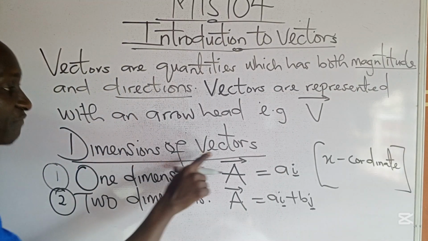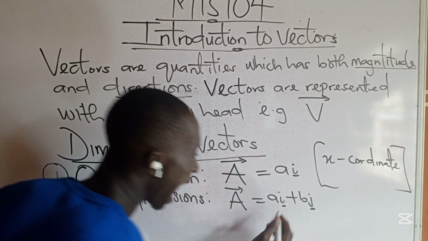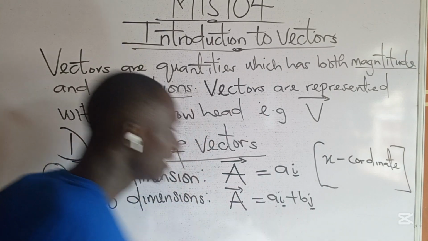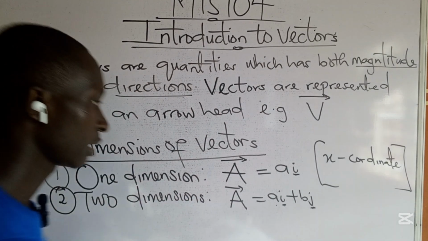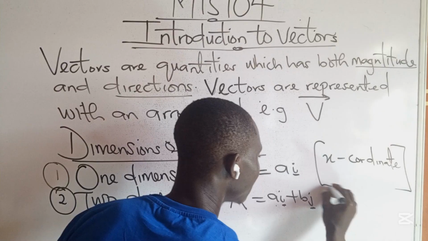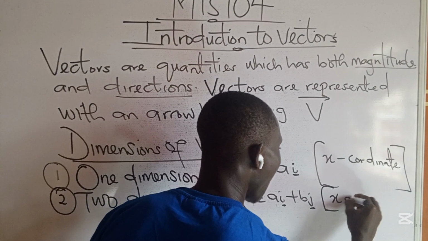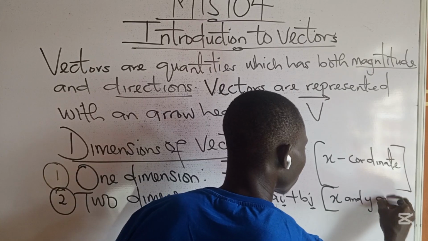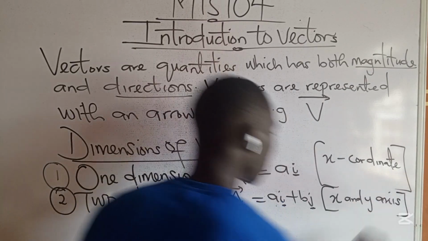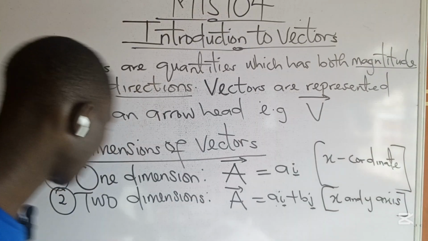That is why we define vectors as quantities that have both magnitude and direction. This simply means that this vector has traveled with respect to the x and the y axis.